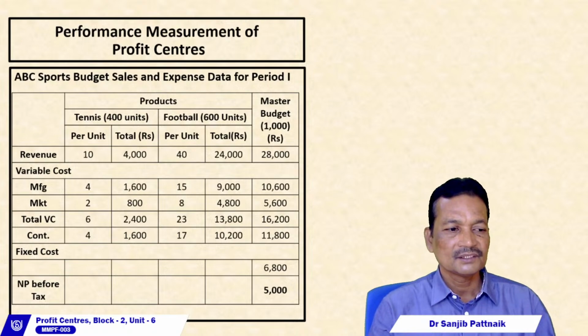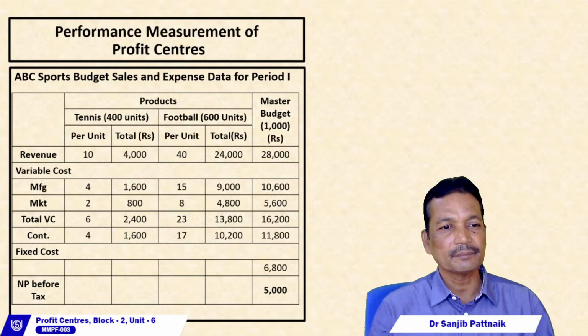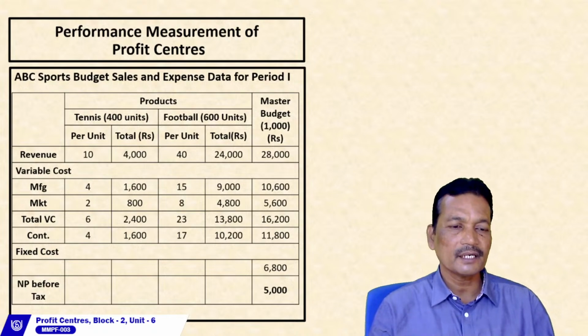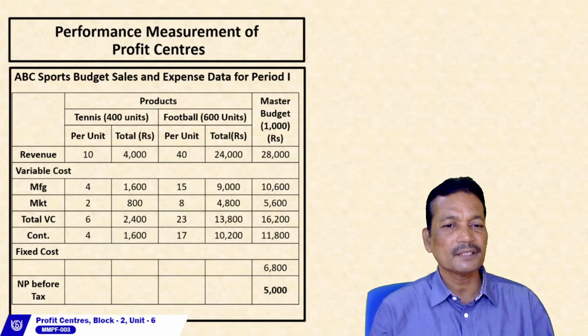When we are talking of contribution, it is the difference between the revenue and the total variable cost. We can say revenue minus total variable cost is the contribution. So per unit contribution for tennis is 4, and for football it is 40 minus 23, that is 17.